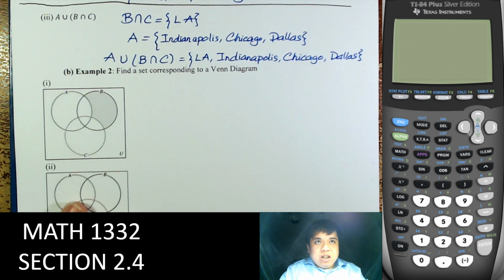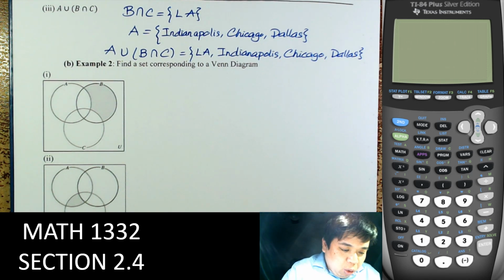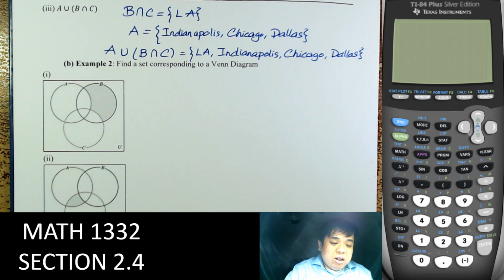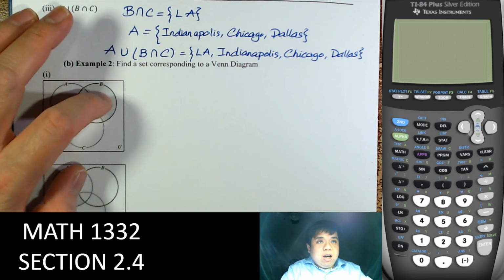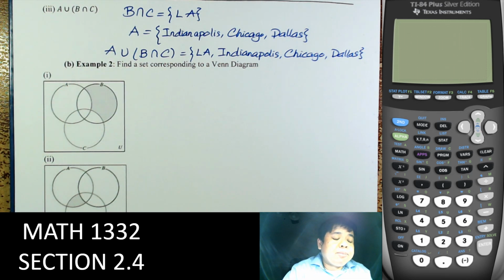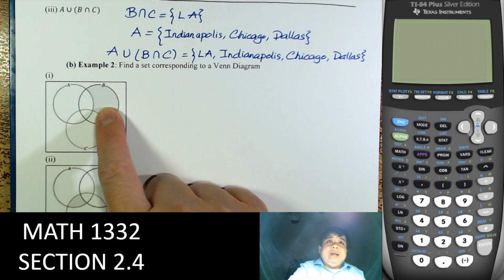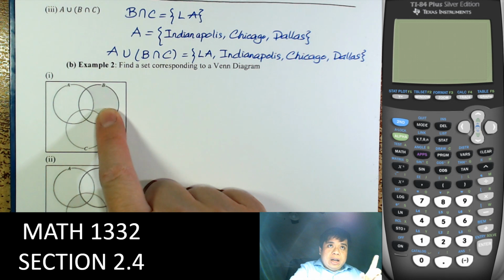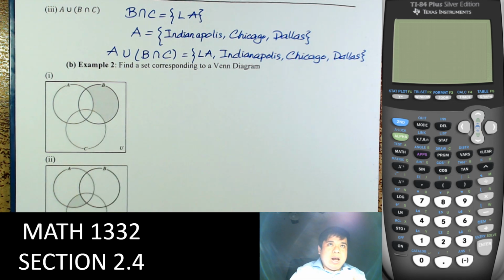Right, the next one is a little more difficult. When we look at this, we have to be able to decide what is actually the shaded region here. So it's going to be in B, but not in A or C. There are a couple of ways to do this.